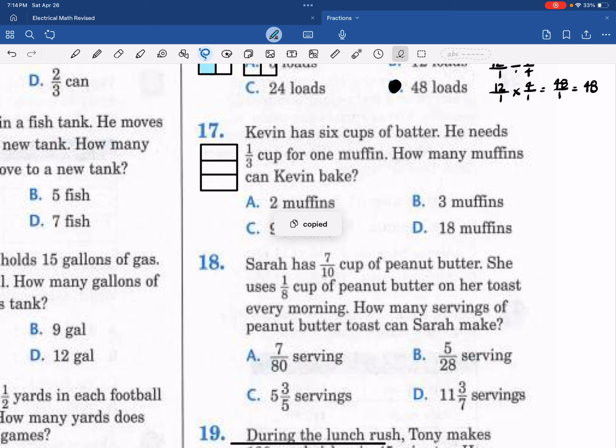And he needs to do that to all 6 cups. I'll draw the rest of it in just a minute. So he's taking that 6 cups and he's dividing it up into thirds. And we want to know how many muffins he can make.